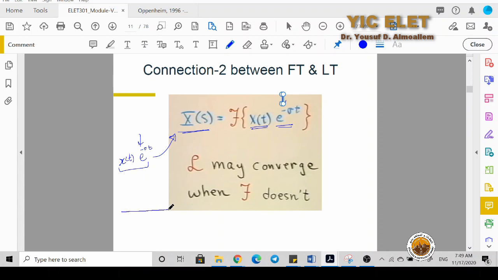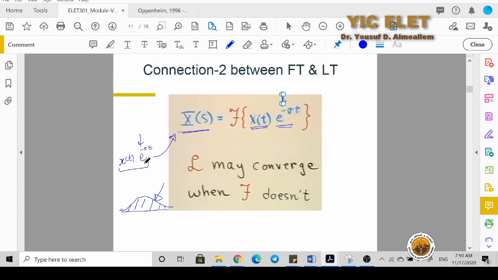And the reason or the condition is that we can get the integration of x of t for all the values from minus infinity to plus infinity. So if this was not finite, the area under the curve was not finite for x of t, then this would not converge and we would not be able to calculate the Fourier transform.